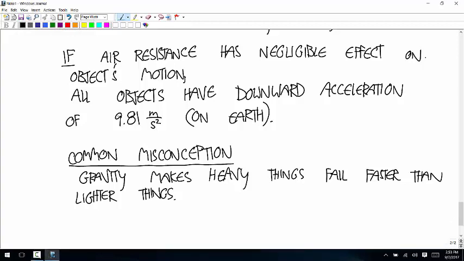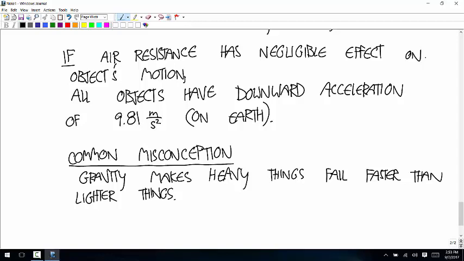The point of that video is that for some reason, gravity, if it's the only thing acting on objects, no matter what the mass or shape of those objects are, they'll always accelerate down with the same acceleration.